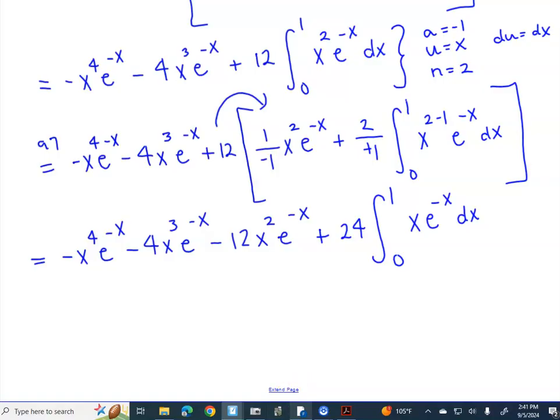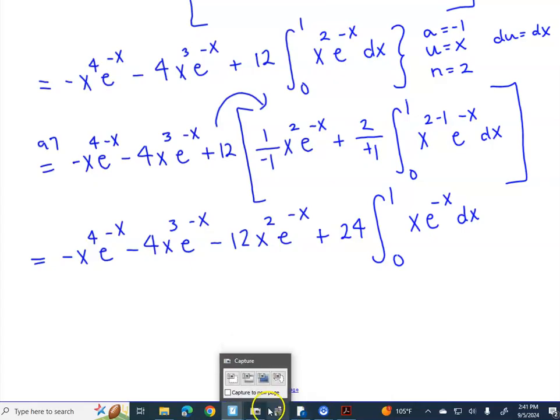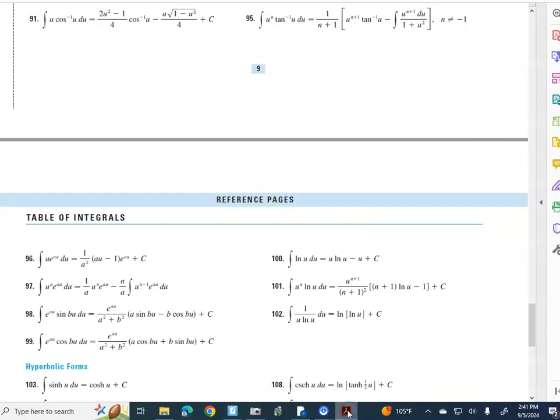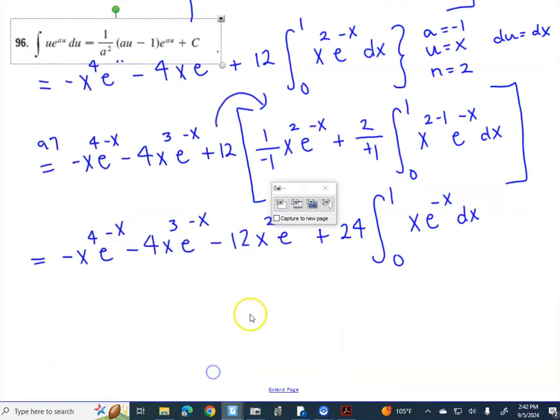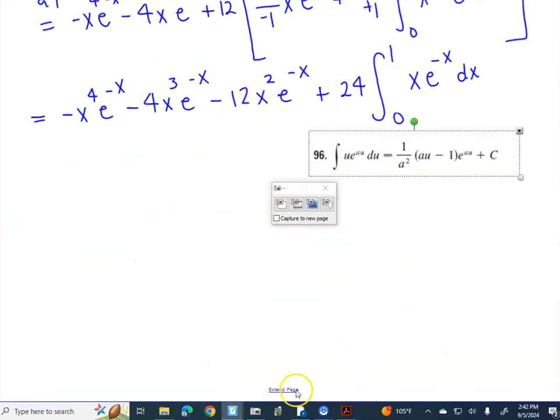Okay, now the next step is that we need to clarify this last one here. If we take a look at 96, that would represent this last one.